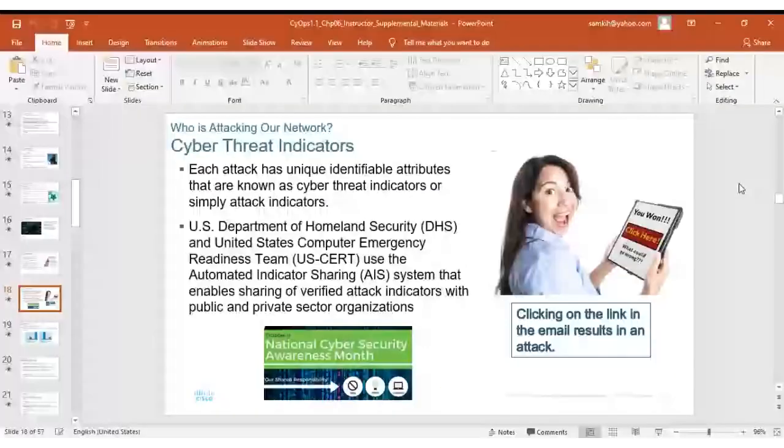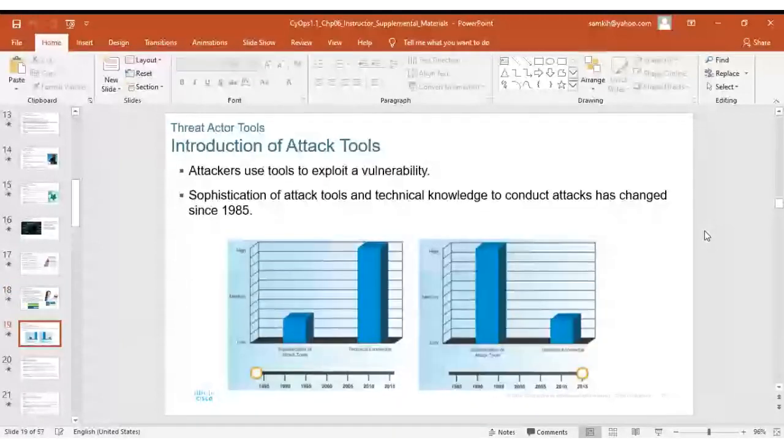read much more. I think that can enable you to see the various shared information on cybersecurity. So, introduction of attack tools. There are very many tools which are normally used to exploit vulnerabilities. The sophistication of attack tools and the technical knowledge to conduct attacks has changed since 1985.